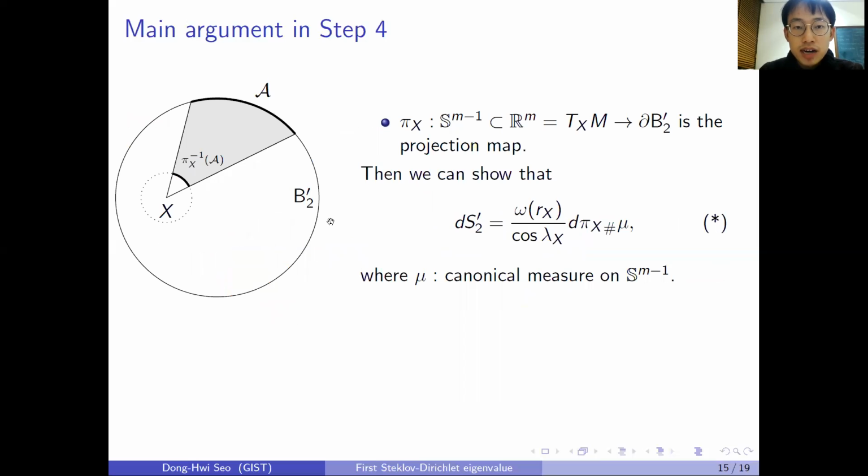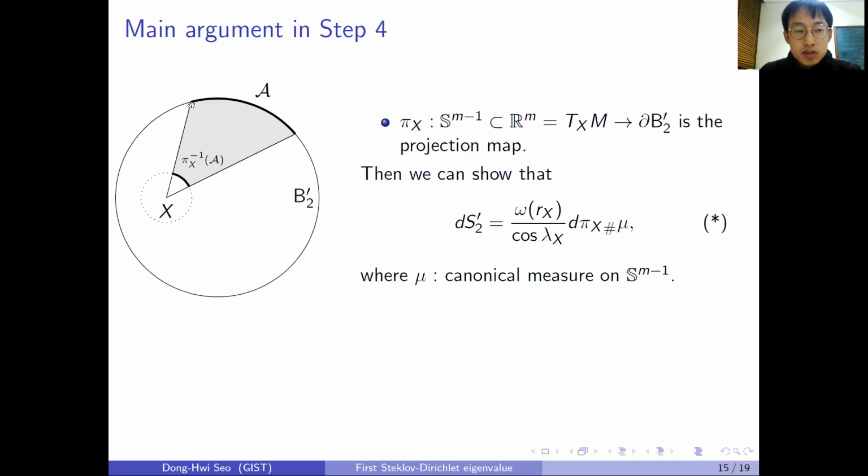And also we define a projection map pi sub X, which maps the unit tangent vector at X to the intersection of the geodesic ray from X with that direction and the boundary of the outer ball.